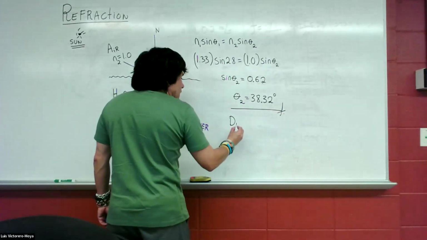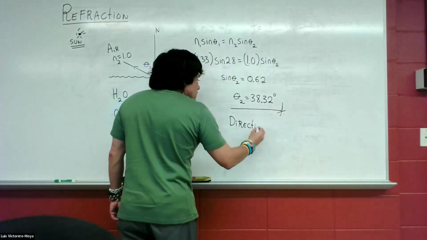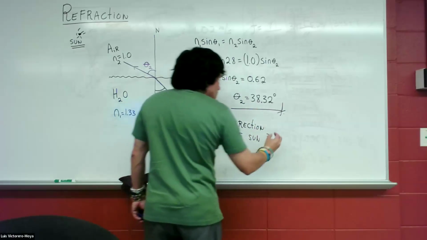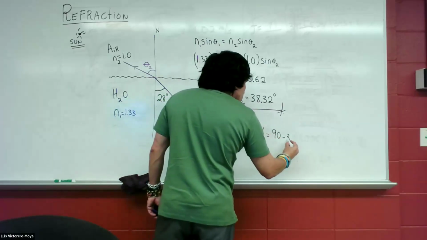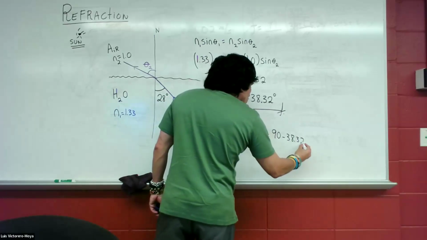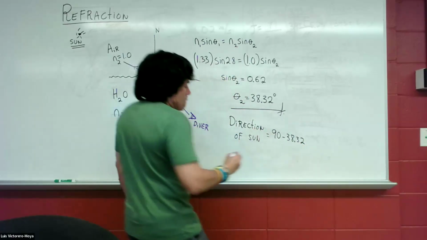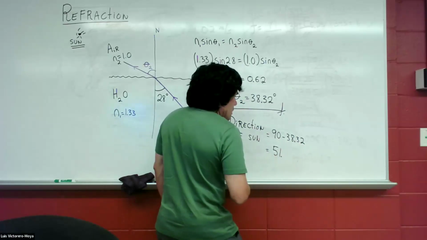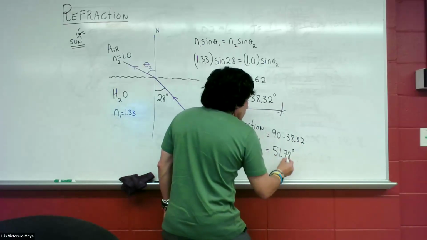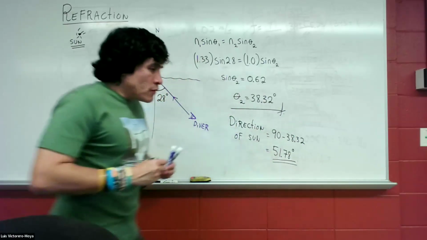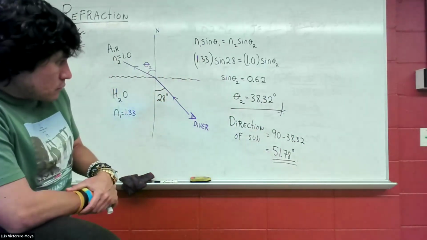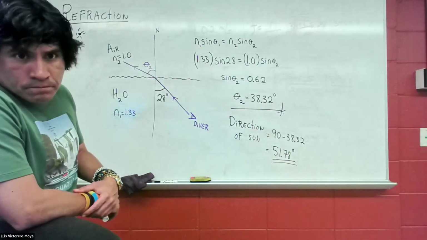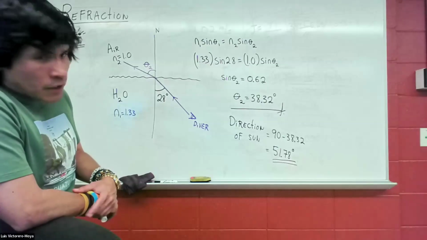The direction of the sun is 90 minus that, which will be 51.78 degrees. That's the direction of the sun. All right. There you are.